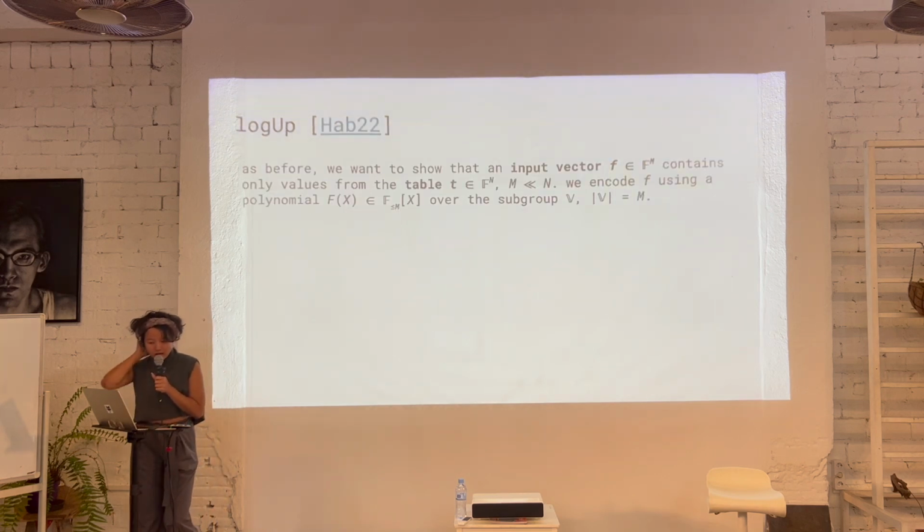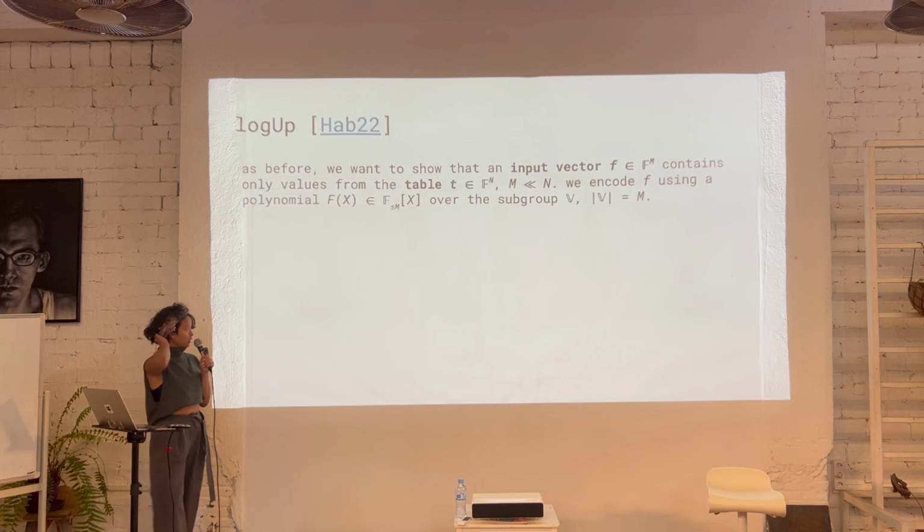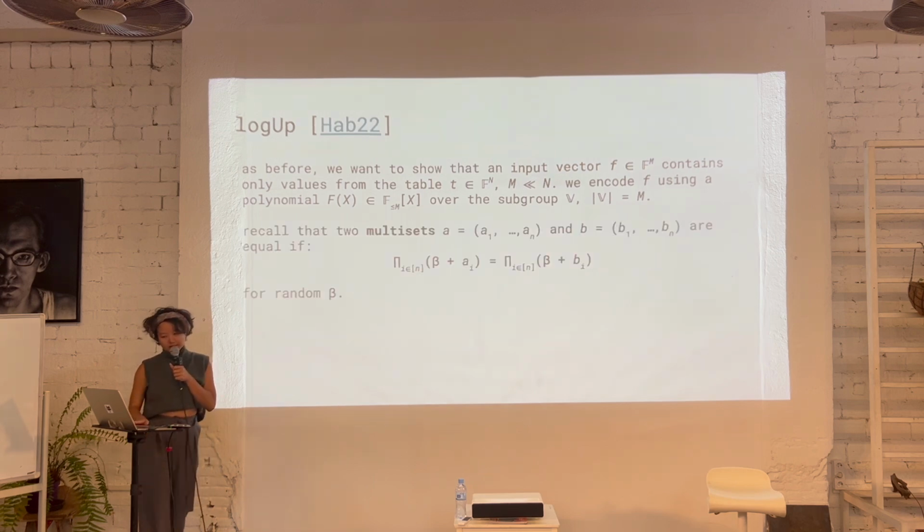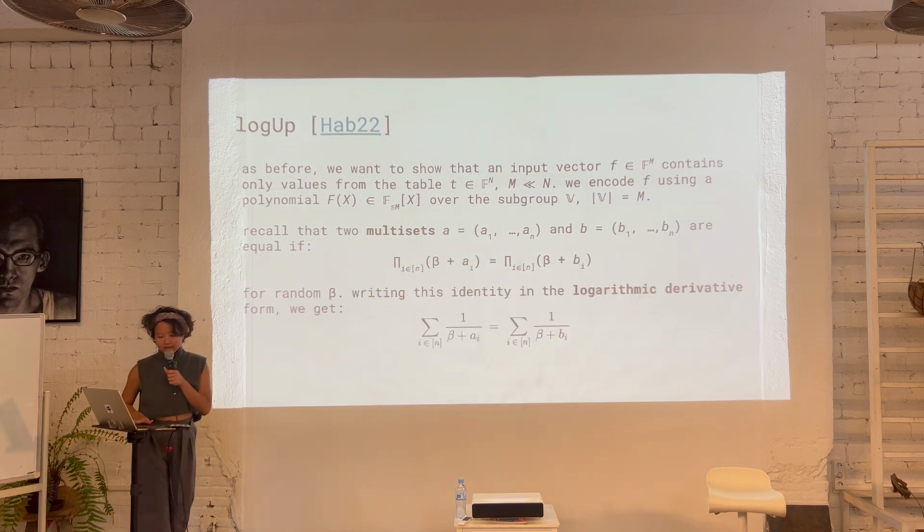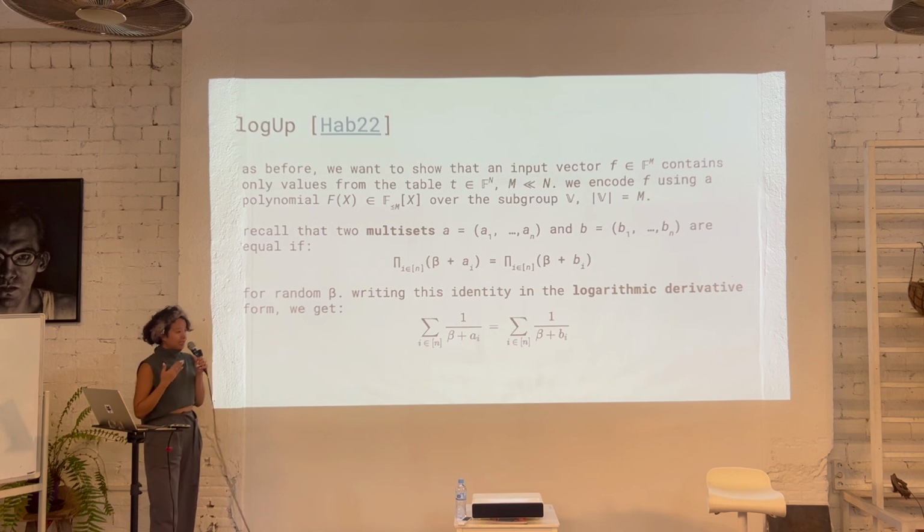So lookup was an improvement on this. Basically, the intuition is that it gets rid of the need to commit to additional helper polynomials.